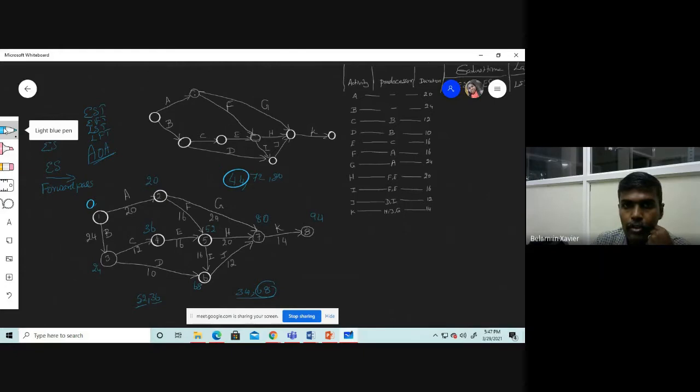So now we are going to calculate the backward pass. So for this particular activity K, having node 8, the maximum late we can complete this particular node is 94 only.